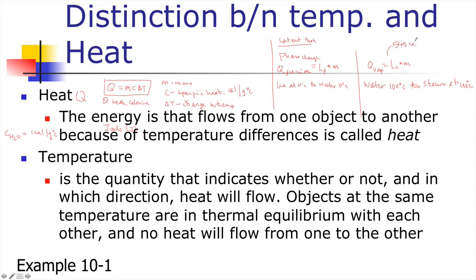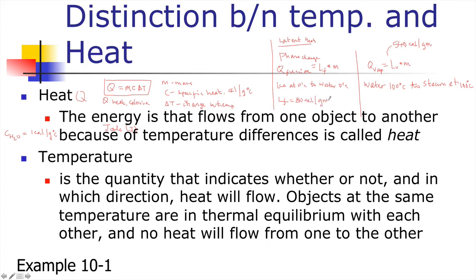You need 540 calories of energy to convert 1 gram of water to 1 gram of steam, whereas LF is equal to 80. It has a similar definition as LV. When do we use it?